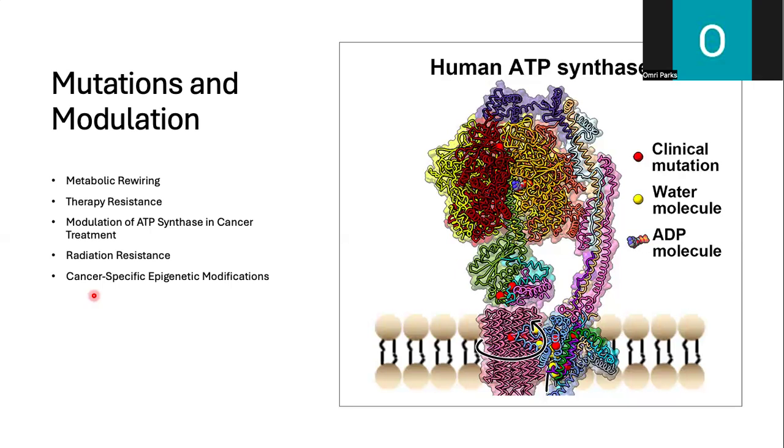When talking about the subunits and resistance mechanisms, ATP5B downregulation was linked to adriamycin resistance in leukemia. In colon cancer, the loss of ATP synthase subunit D correlates with resistance to 5-FU. It also correlates with an increase of reactive oxygen species and a poor survival rate of those cancer cells.